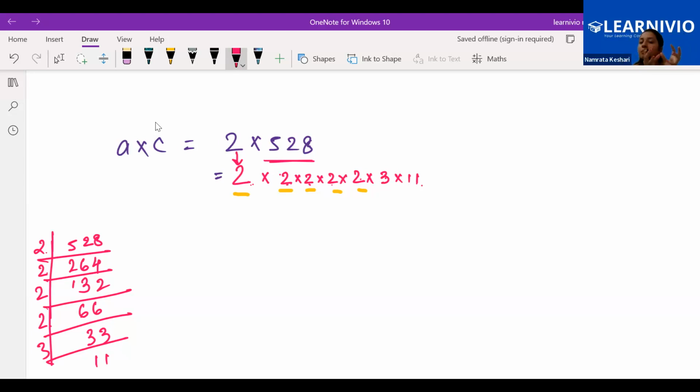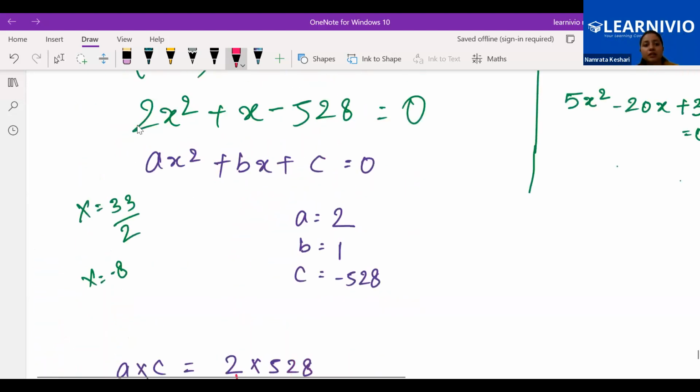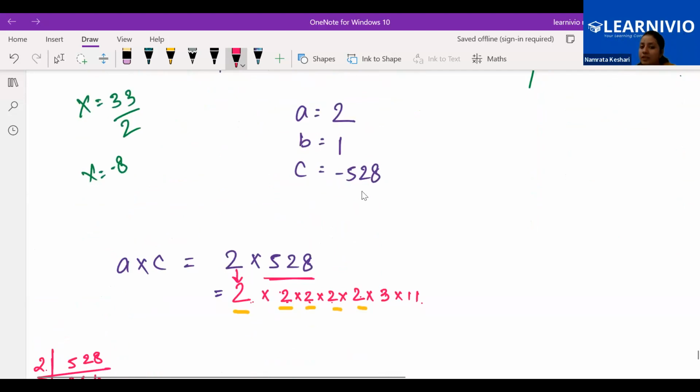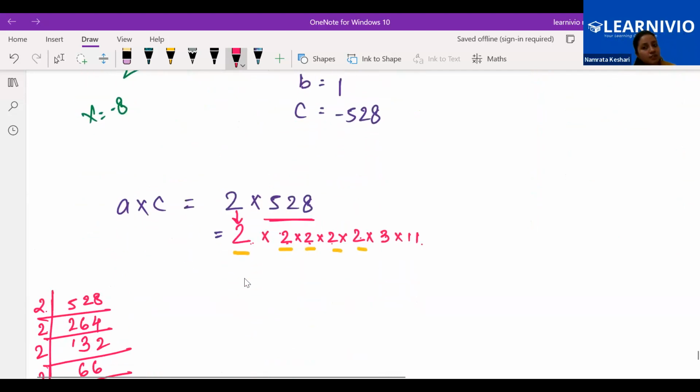That number we are trying to factorize. Even if we have a negative or positive number, we are trying to factorize it to get numbers which, added together or maybe subtracted together, must give us the middle term. That's what we are trying to get. So even if instead of minus 528 I had written just 528, that would also work here.